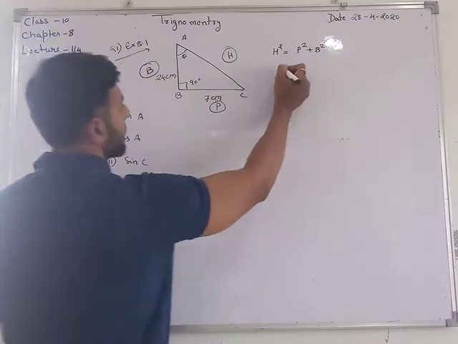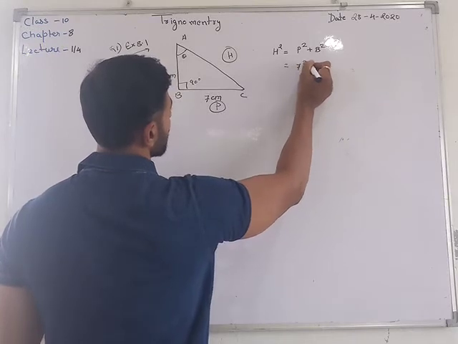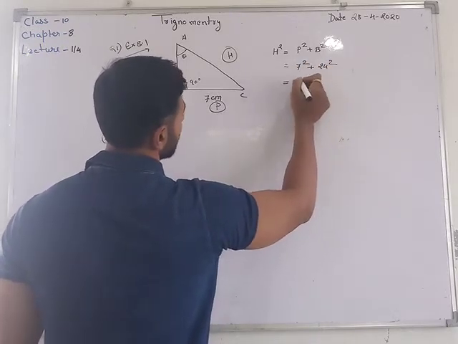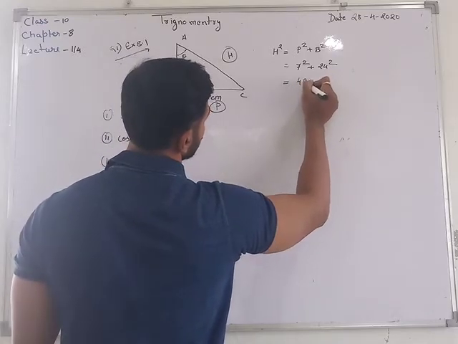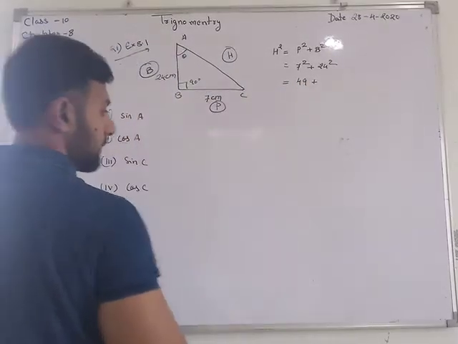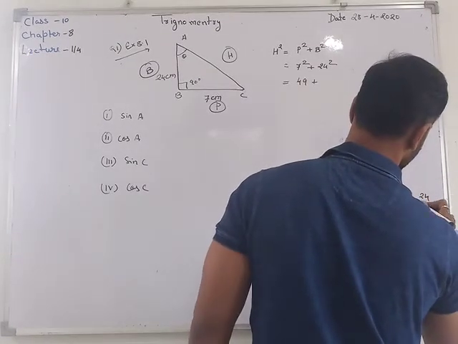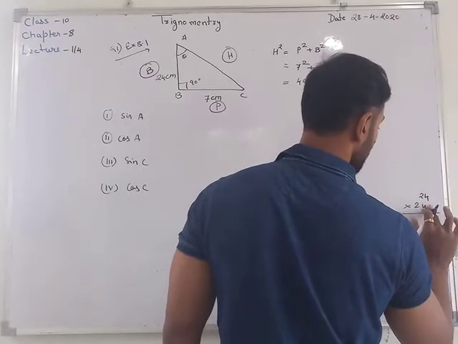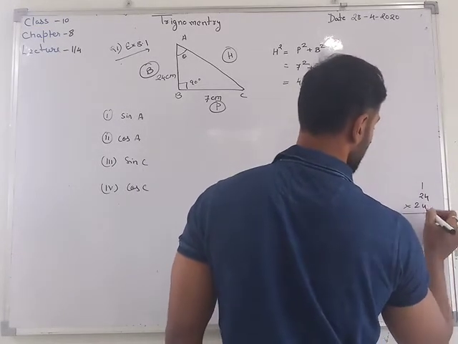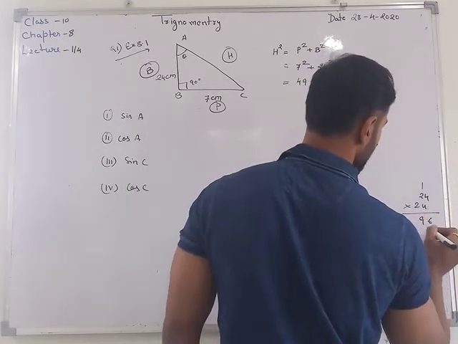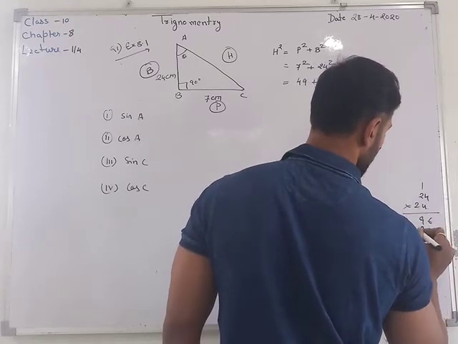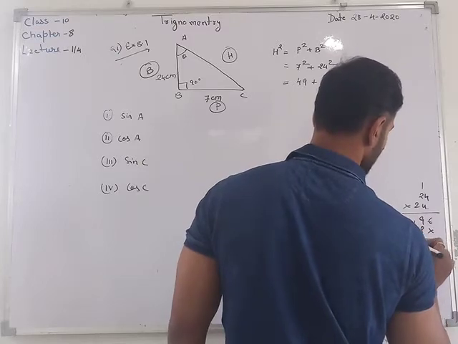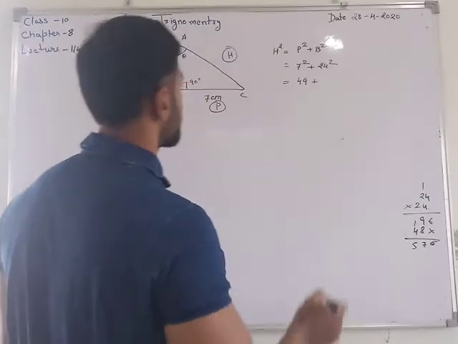Now P is 7 square plus base is 24 square. 7 square will be 49. 24 square will be 576.